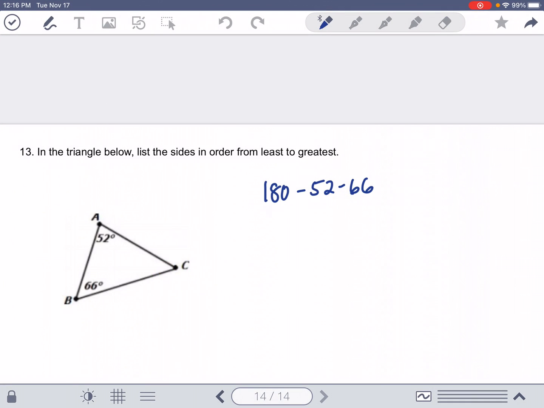C is 62. The smallest side is BC. Next, AB. And the longest side would be AC.